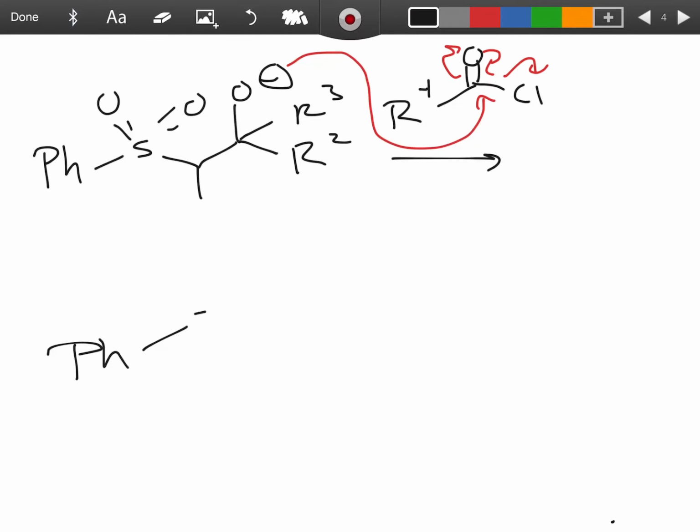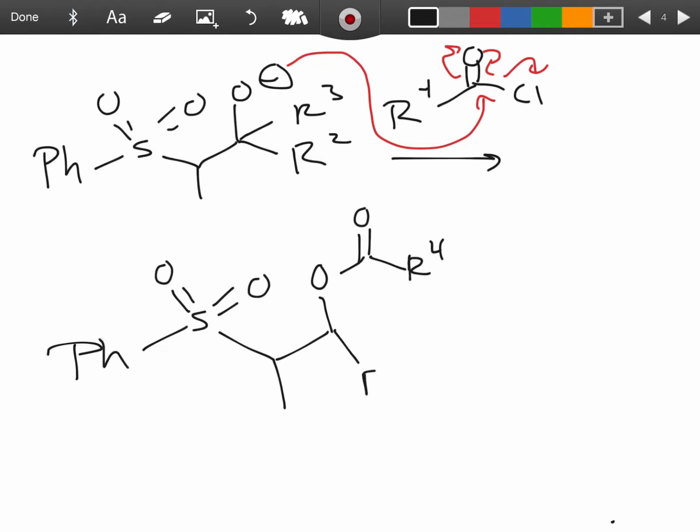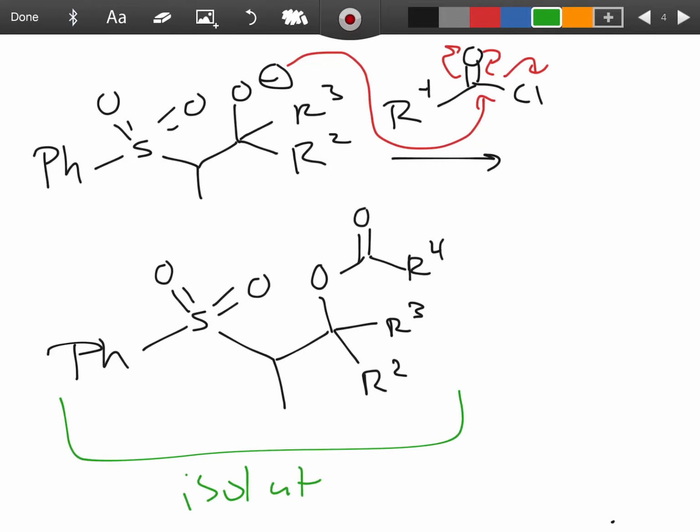Right, and you get something that looks like this. So now this is something that you can isolate. It's something you can work with.